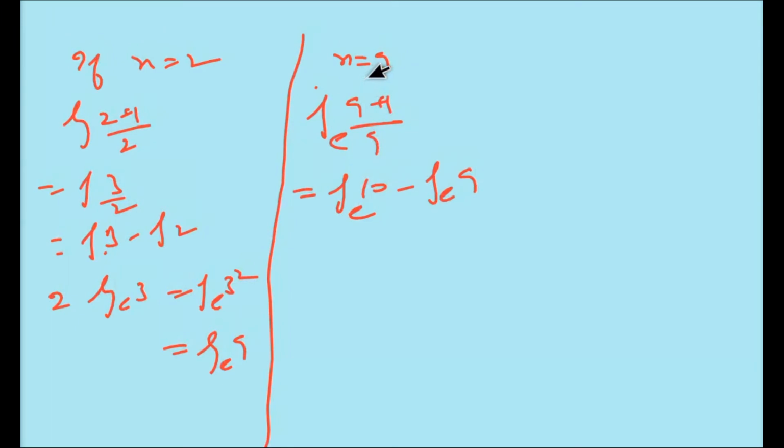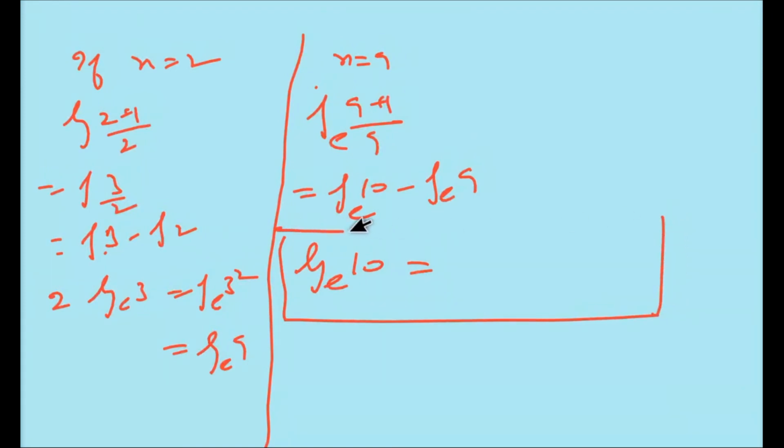Now when we know the value of log 9, put the value here, so we can find the value of log 10. Okay, after getting log e base 10, that you have to learn.